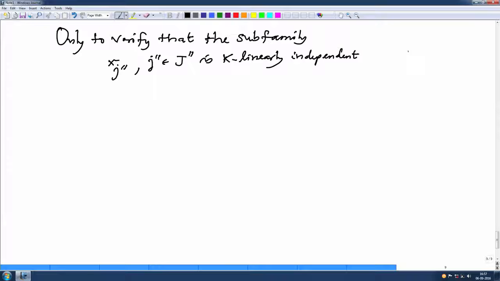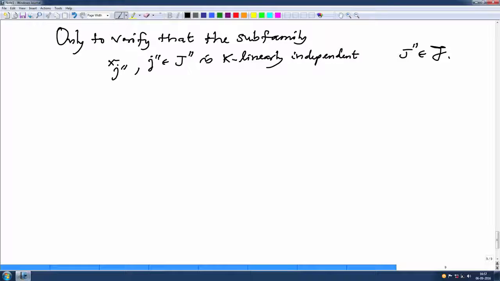Because this will ensure that J double prime is indeed an element of script J. That was the definition of script J. So we want to verify that this family is linearly independent.